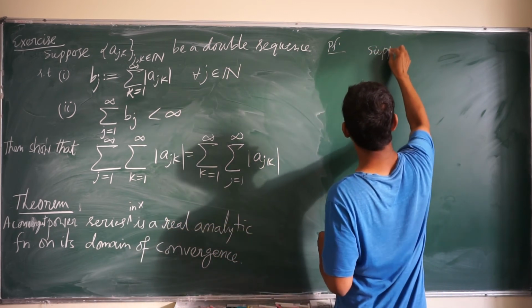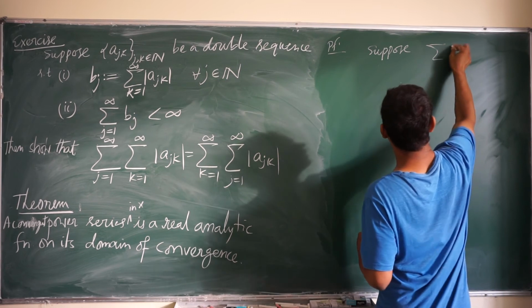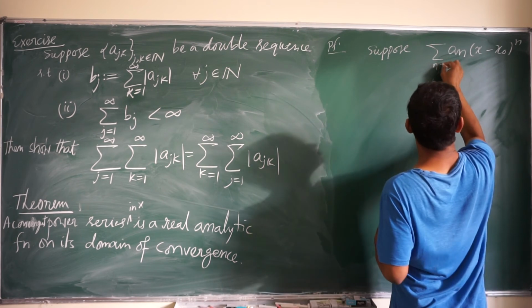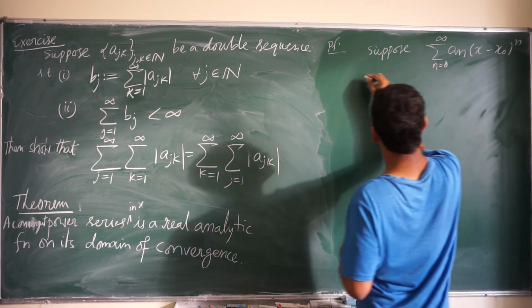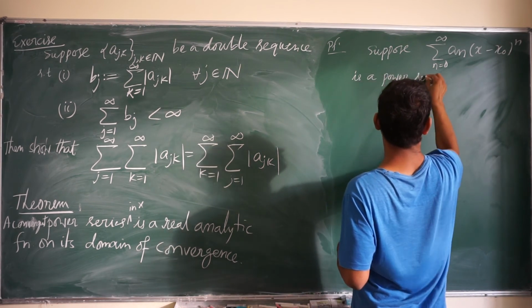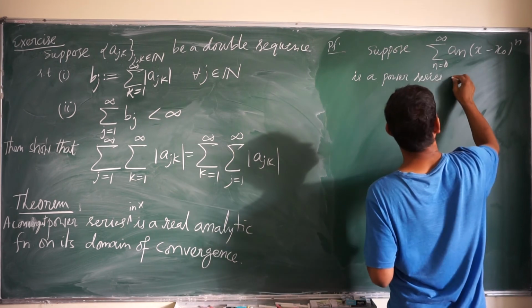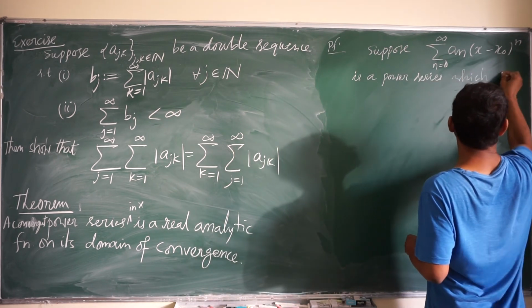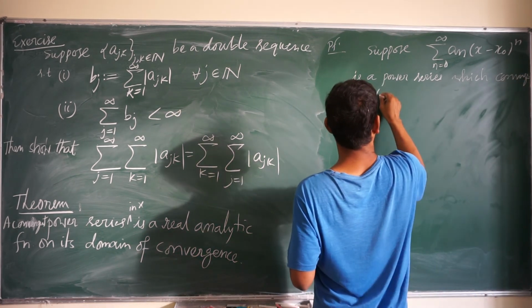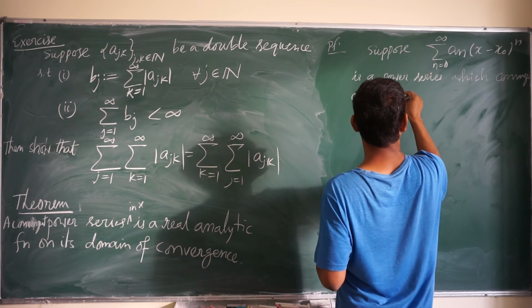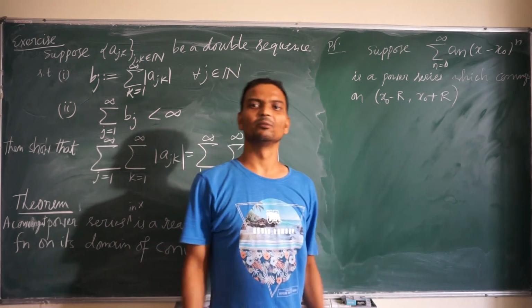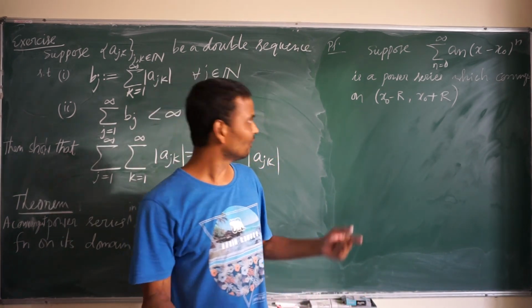Suppose the sum of a_n (x minus x naught) to the power n, n from 0 to infinity, is a power series which converges on x naught minus r to x naught plus r. You can assume r to be its radius of convergence, there is no harm in that.